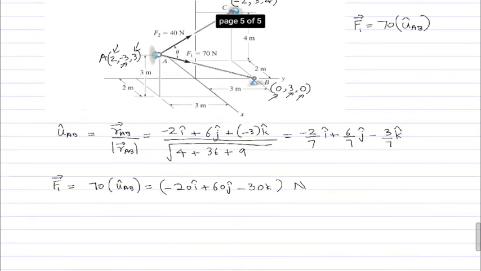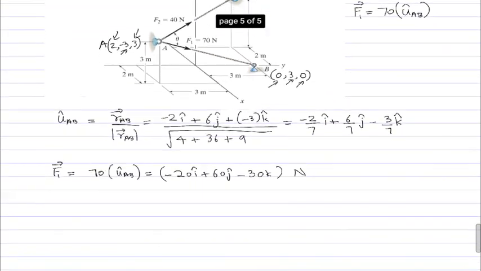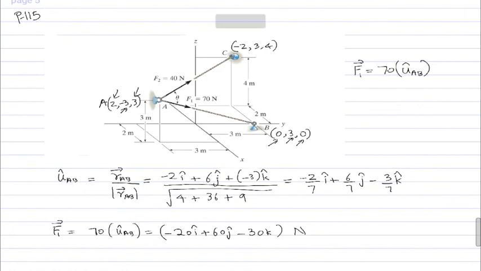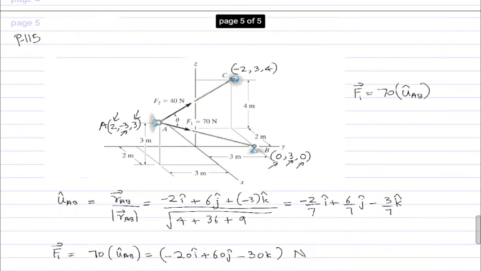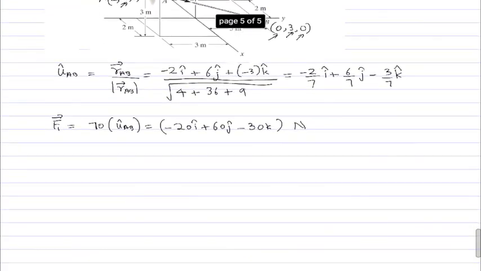Now to find its component along the cable AC, we have to find the unit vector AC. The unit vector AC is equal to the position vector AC divided by its magnitude.